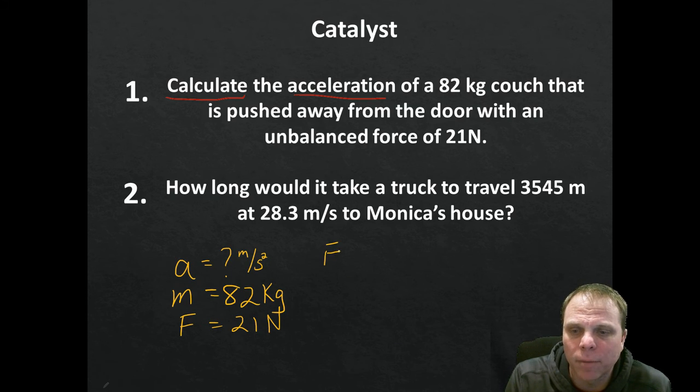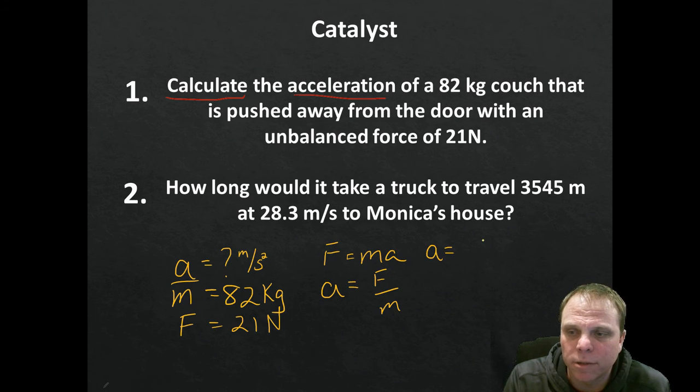So our formula is force equals mass times acceleration, but we're looking for acceleration. So we have to rewrite our equation to say that acceleration is equal to force divided by mass, since the mass is divided on both sides. And so then we just write that out. Acceleration is equal to 21 newtons divided by 82 kilograms.